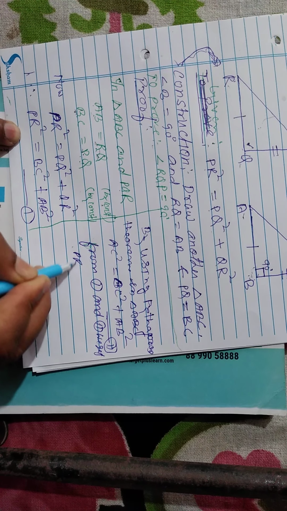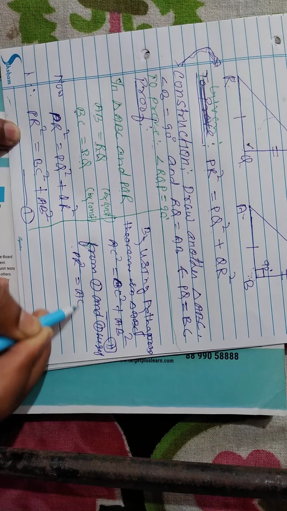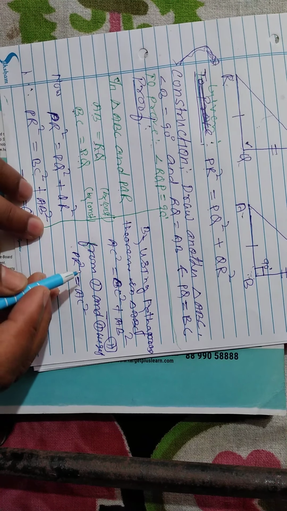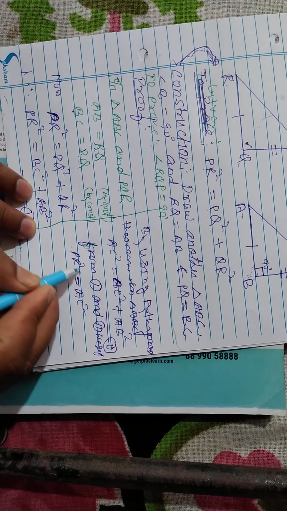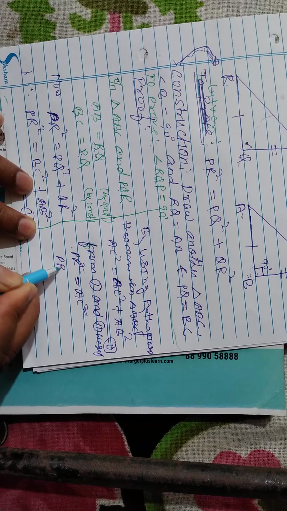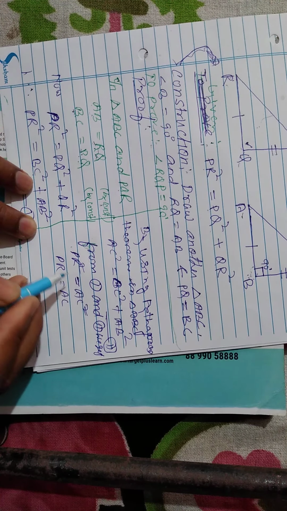PR square equal to AC square, the squares cancel out, therefore PR is equal to AC.